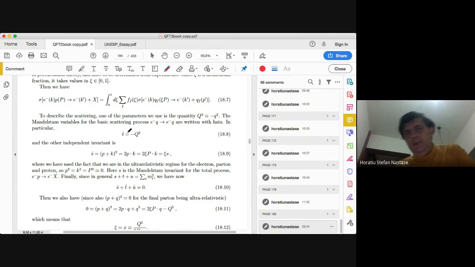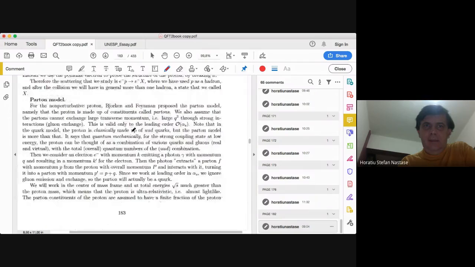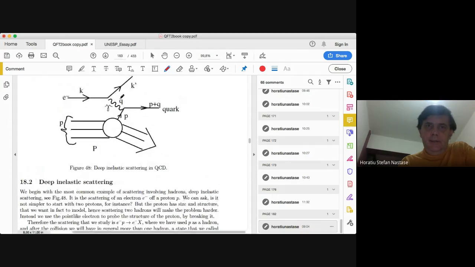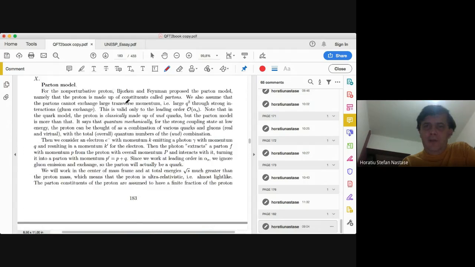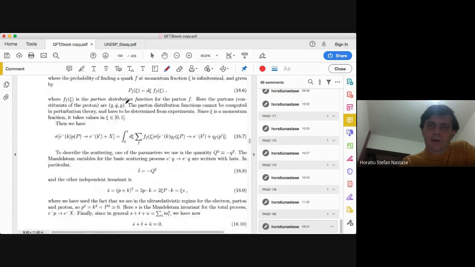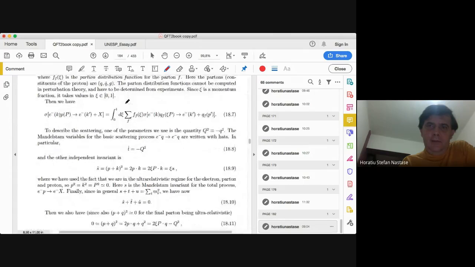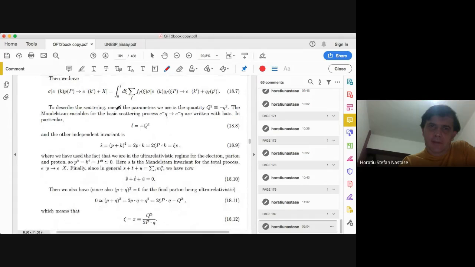So if this momentum transfer is little q, then the invariant momentum transfer is called, in Mandelstam notation, t, but we'll use hats for this basic interaction.